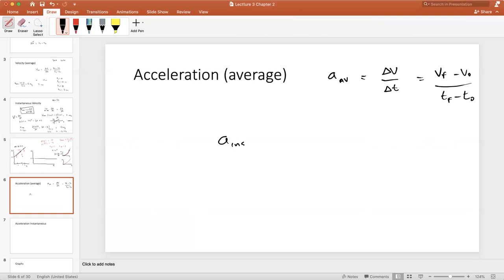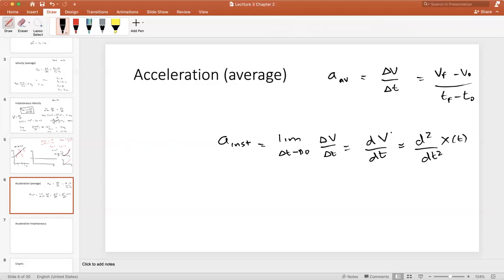And then your instantaneous is, again, when we take the limit as delta t goes to 0 of delta v over delta t. That is a derivative, and that is the change of velocity over the change of time. Now, we already know the velocity is the change of position, so this is something called the second derivative of the position function, and this is really v of t.